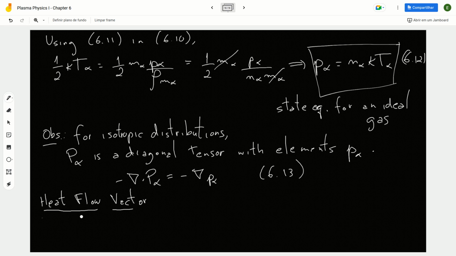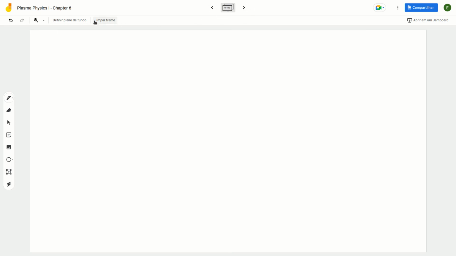Well, the flow of thermal energy or random energy through the surface with normal n is obtained by using chi equal to m alpha C alpha square over 2 in 3.8. I'll not show this equation here because it's too far away in the slides, but you can check it out. Then if you do it like this, you end up with the following expression.